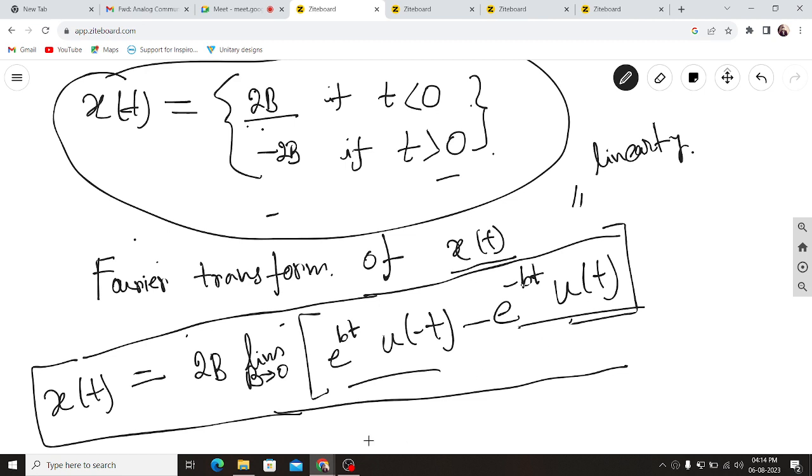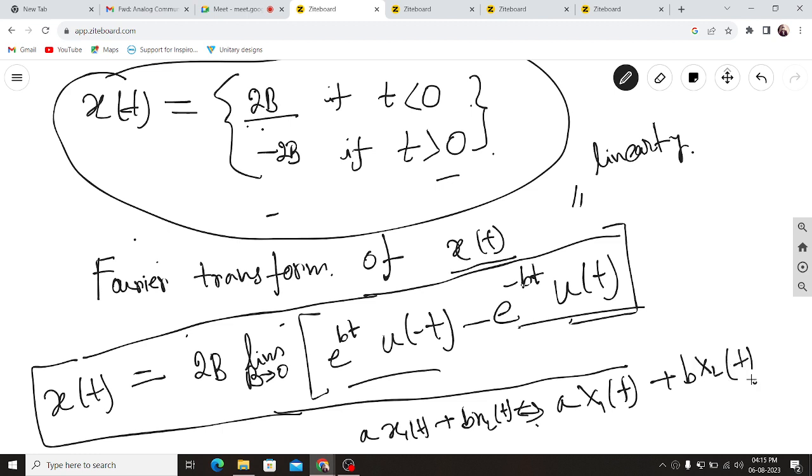That means if I have a x1(t) plus b x2(t), we have a similar Fourier transform representation: a X1(f) plus b X2(f), where x1 has a representation of big X1 and x2 has a representation of big X2.